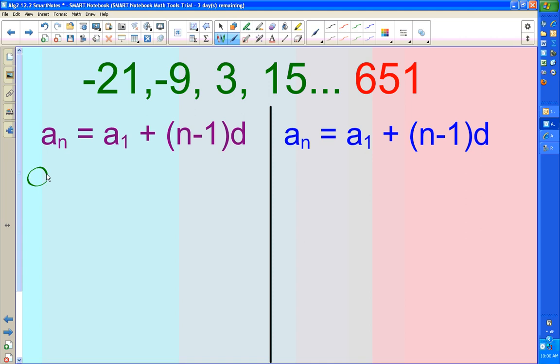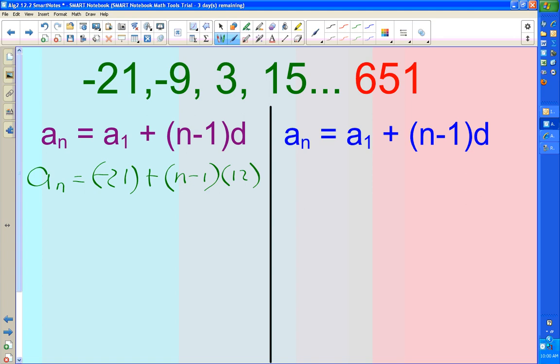So when you're finding the explicit formula, what did you plug in, Ellie? Negative 21 plus n minus 1 times 12. Again, that common difference, it's easier to find doing 15 minus 3 than it is doing negative 9 minus negative 21. A lot of us make that mistake with the negatives. We had it last period.